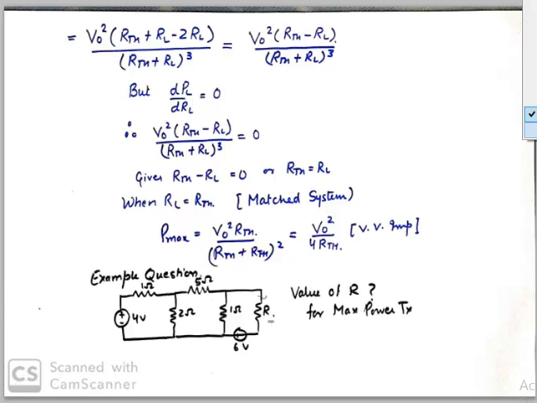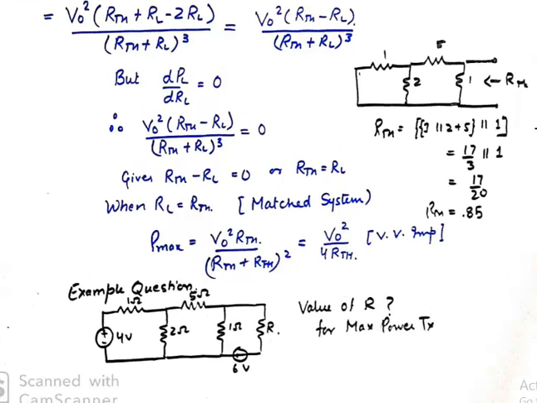So RTH is simply removing all the independent sources. So we have two sources here, and those two sources are voltage sources, so we short them, and we see the resistance from the load.